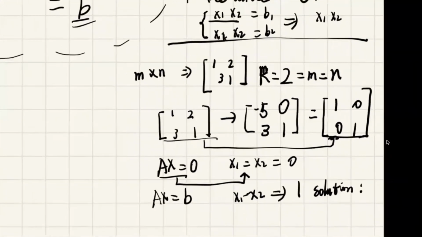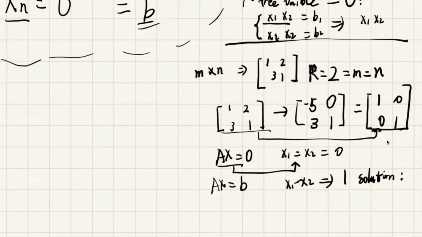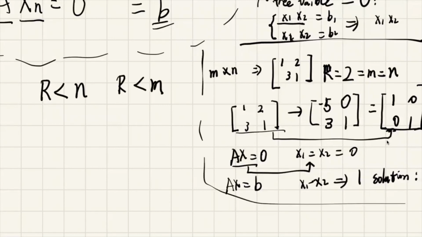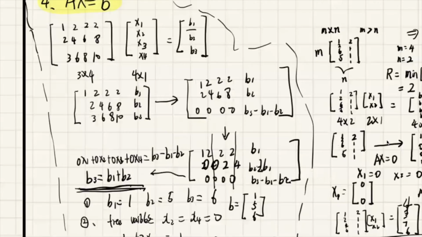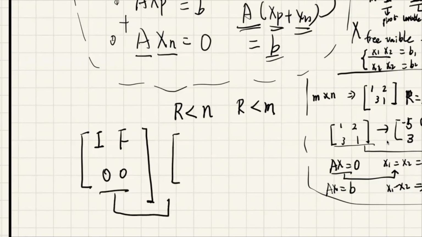And then all we have discussed is whether the columns or the rows have full rank. But what if there's no full rank? For instance, if the rank is smaller than n, and also smaller than m. Actually, that's what we discussed in this case. Eventually it can be something like this, and whether it has solutions or not really depends on this row.